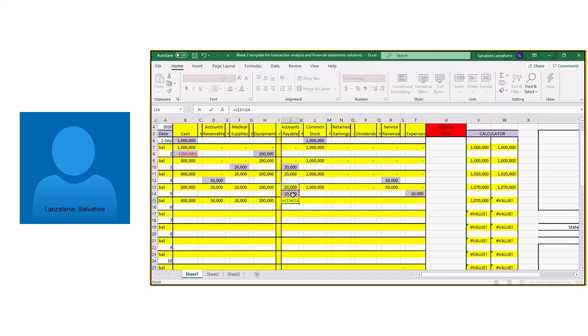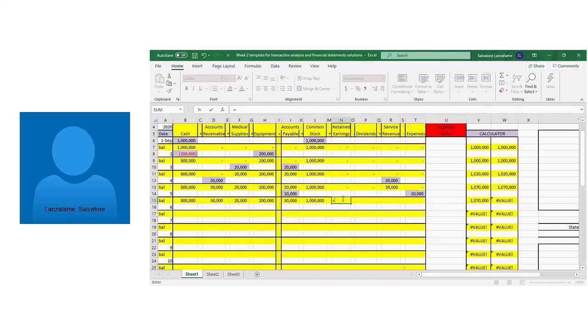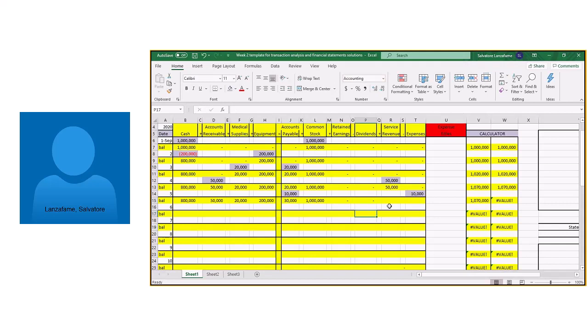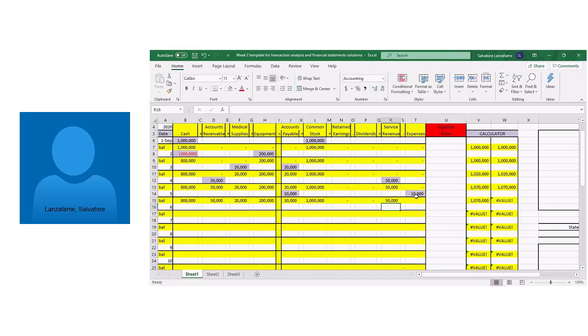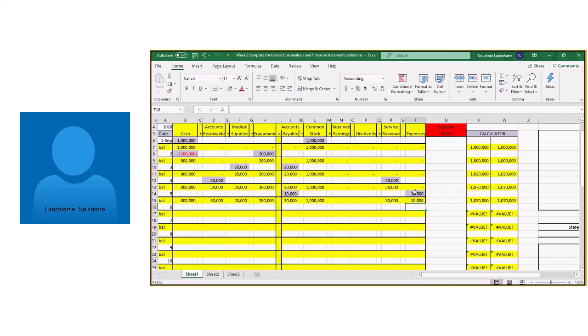So I had $20,000 worth of debt, and now I have $30,000 worth of debt. Still have $1 million worth of common stock, and still no retained earnings, there's no dividends. My revenue is $50,000 and my expenses are $10,000. So now if I asked you, does this company have a net income or a net loss at this moment?